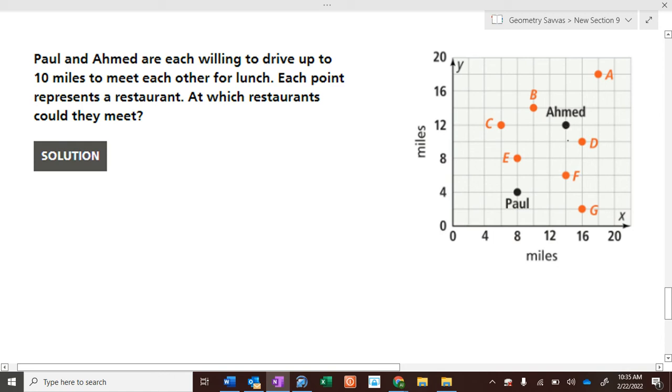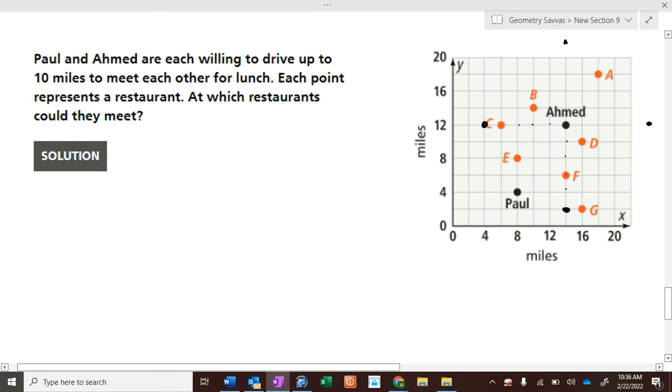So if we go 10 miles, Ahmed will go 1, 2, 3, 4, 5, 6, 7, 8, 9, 10. He can go that far away, this far away, this far away. 2, 4, 6, 8. Oh, it's out here, 10.